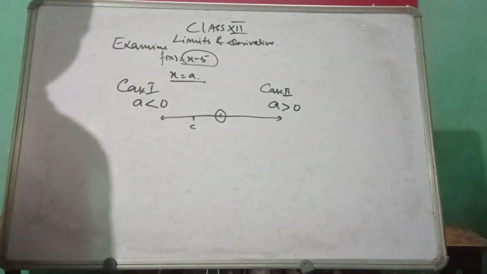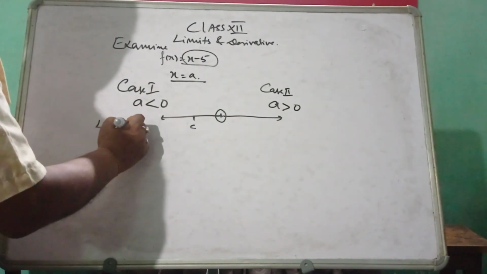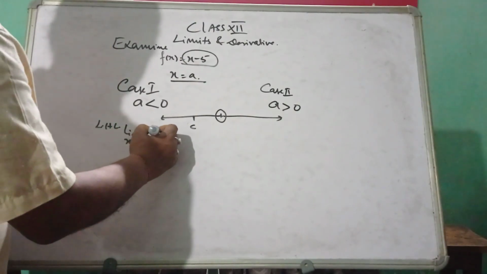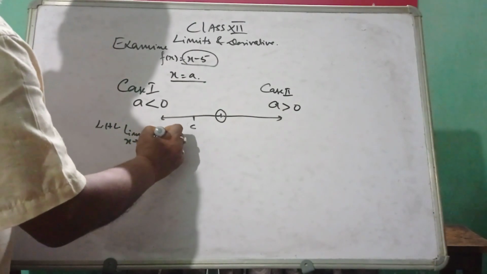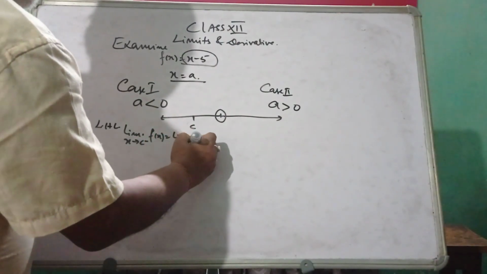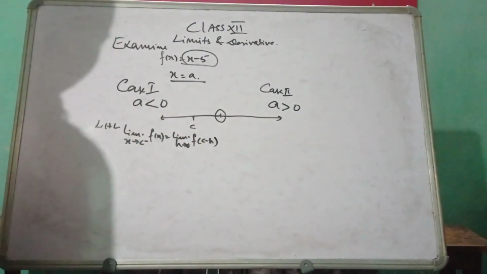Any value c. So you will have to test it. That is again the left hand limit, that is limit x tends to c minus f(x), that is limit h tends to 0 of f(c minus h).